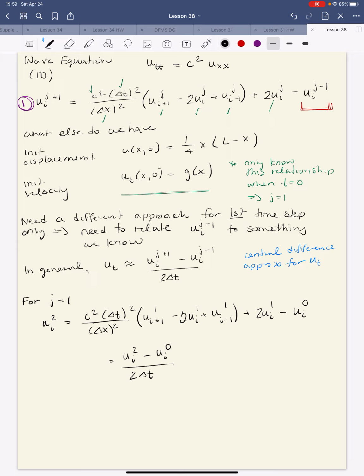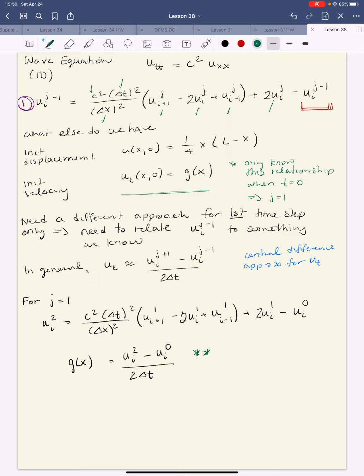And what does this equal? This is approximately equal to the initial velocity. And when j is equal to 1, that's the initial velocity, and we know that that's equal to g of x. So it's not even really a trick, it's just this extra step that we have to go through for the first time step. So all we're really going to do is plug this in.